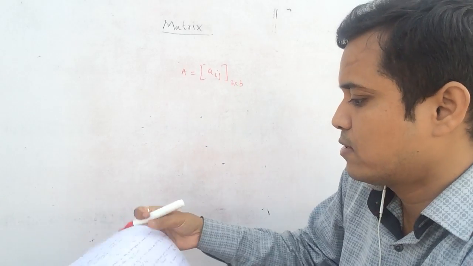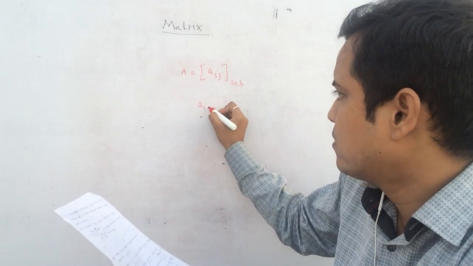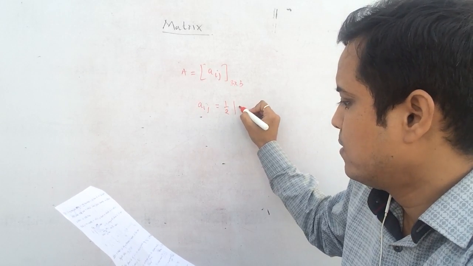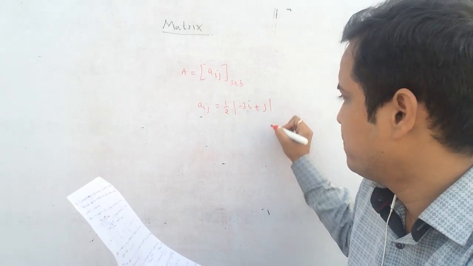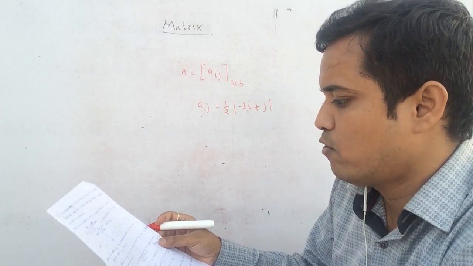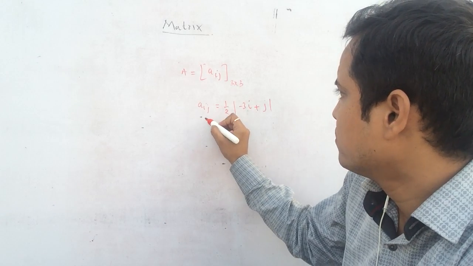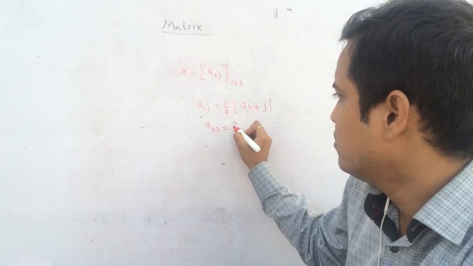You have to make a 3 cross 3 matrix here, and Aij is given by the rule 1 by 2 mod of minus 3i plus j. Then find the value of A32. First you have to find the matrix, then you need to find A32.